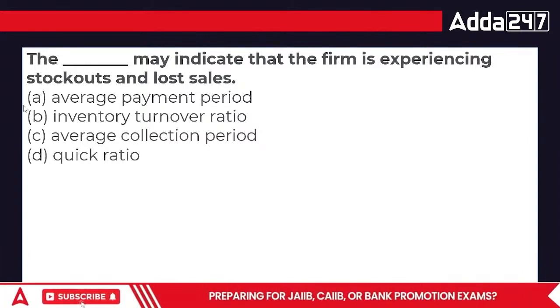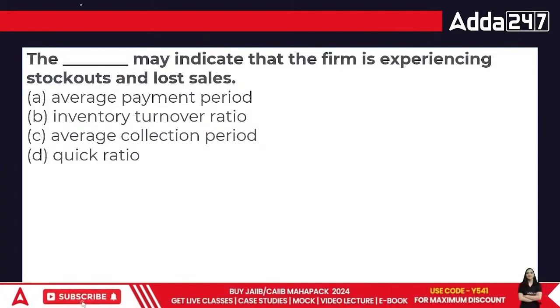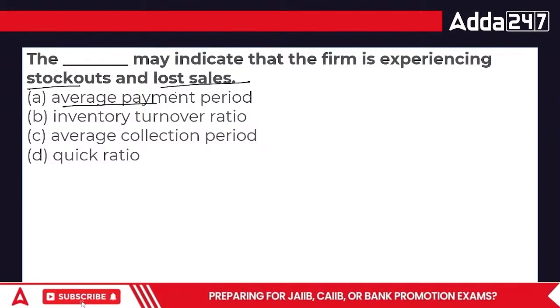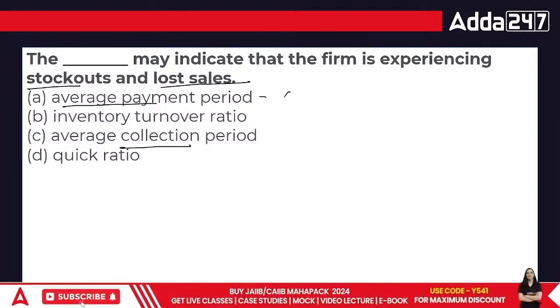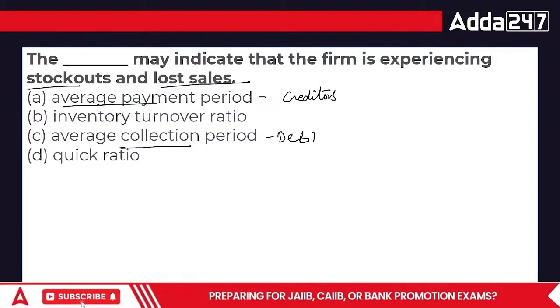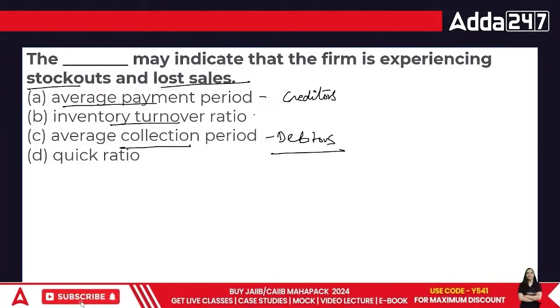The ratio which talks about stockouts as well as lost sales. Average payment talks about the money that you are paying to the creditors. Average collection is the money that you receive from the debtors. So this is related to the creditors, and this is related to the debtors. So in this case, the correct answer is inventory turnover ratio.